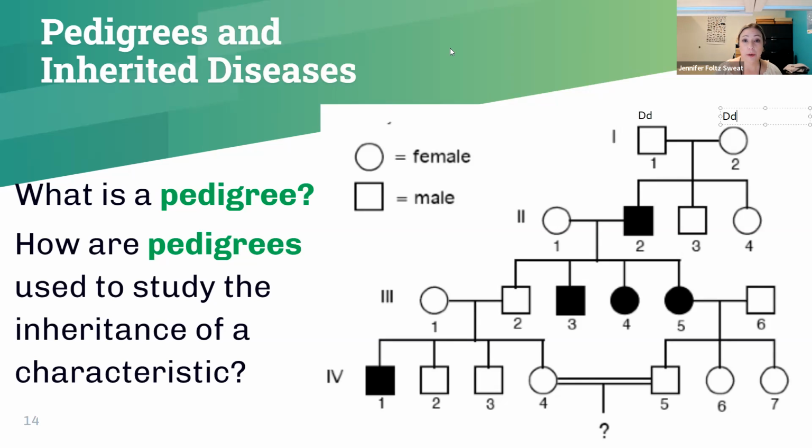So let's do a Punnett square to illustrate this. The gametes for each parent will be a big D, and we'll have a little d, and we'll have a capital D here, and a lowercase here.